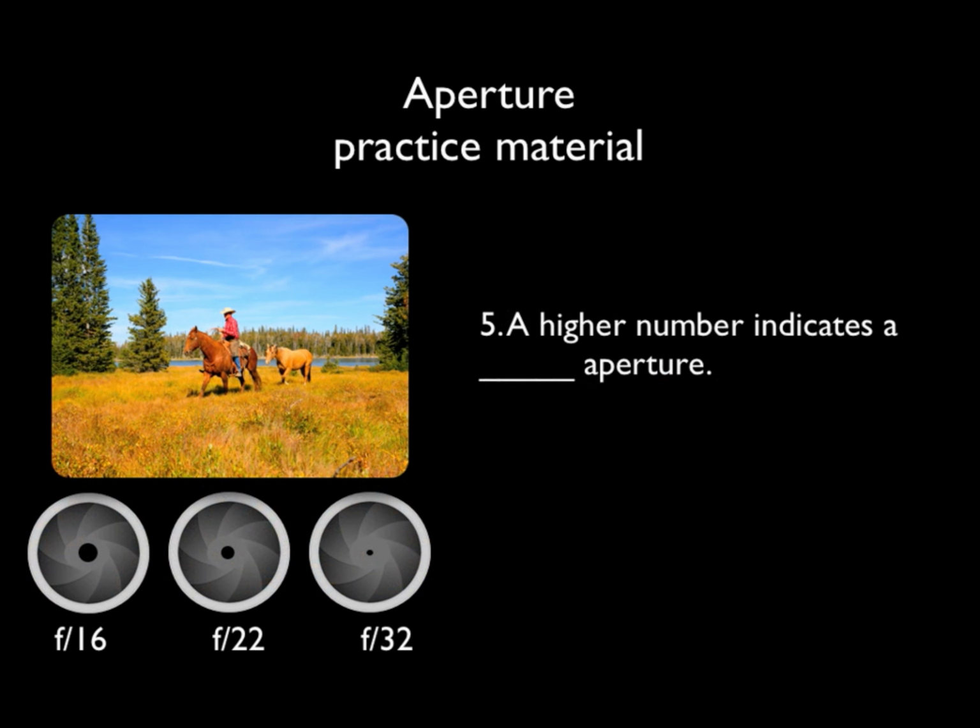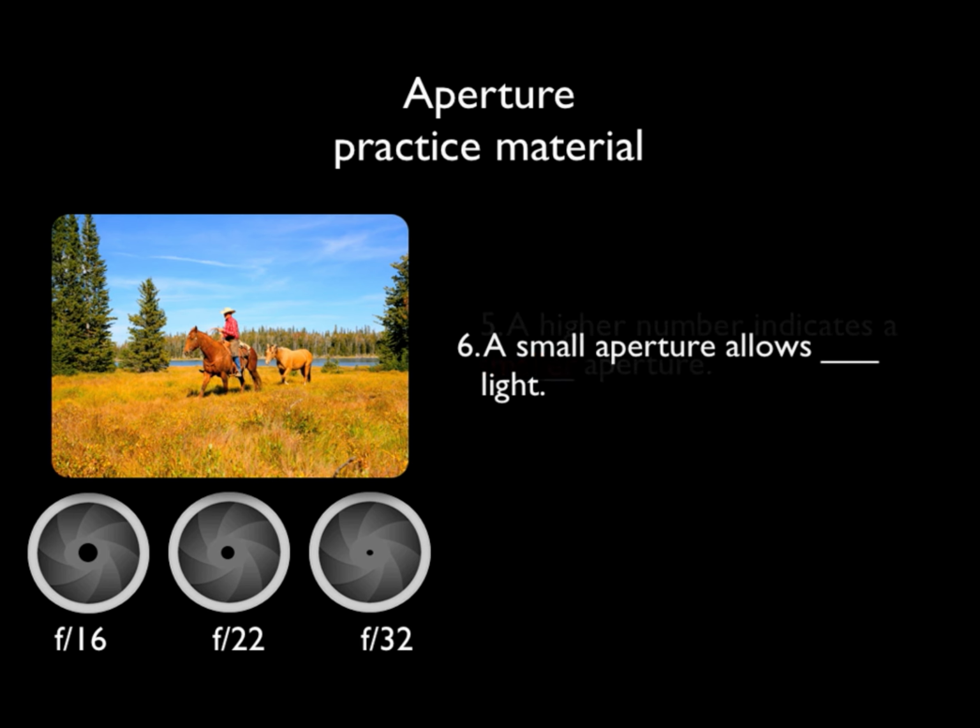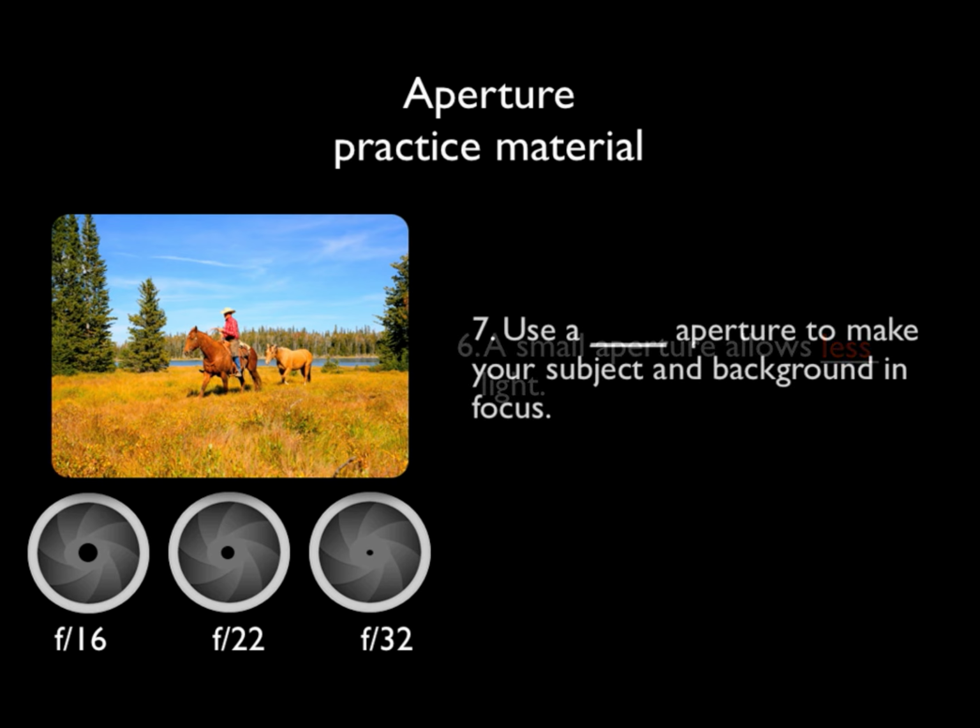Number 5. A higher number indicates a smaller aperture. Number 6. A small aperture allows less light. Number 7.